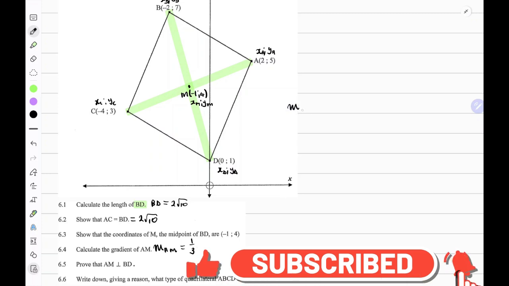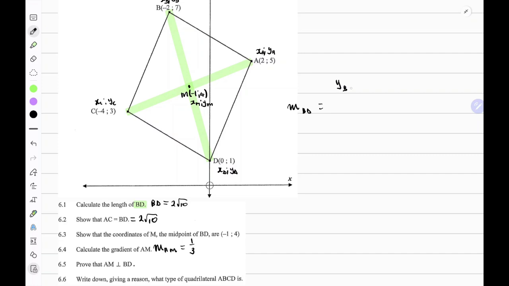Small letter m, gradient of BD is equals to change in y, YB minus YD all over XB minus XD, is equals to YB is 7 minus 1 all over XB minus 2 minus XD 0. So this is equals to 7 minus 1 is 6 and -2 minus 0 is -2. So this is equals to -3.